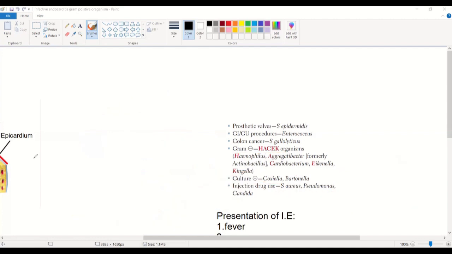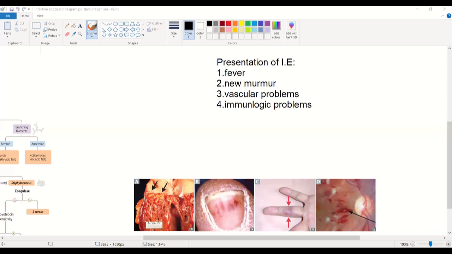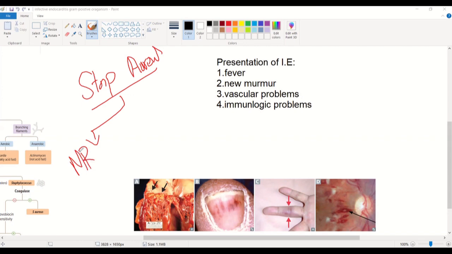Before discussing the presentation of infective endocarditis, one more thing related to Staph aureus, right? It may be MRSA and it may be methicillin sensitive Staph aureus, MSSA. What is the treatment of MRSA?